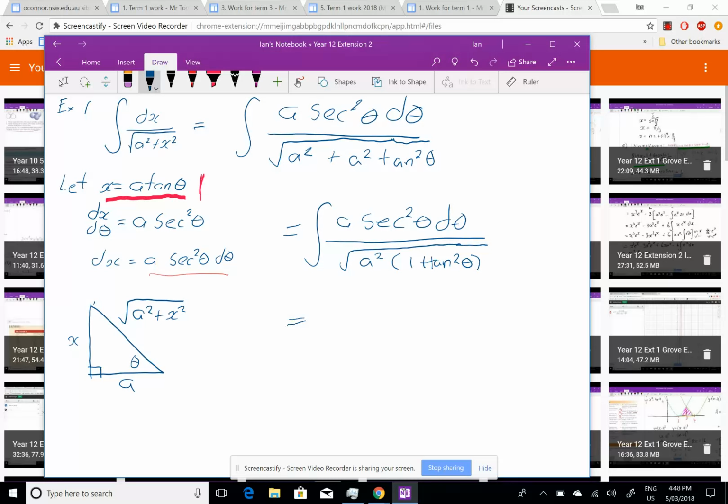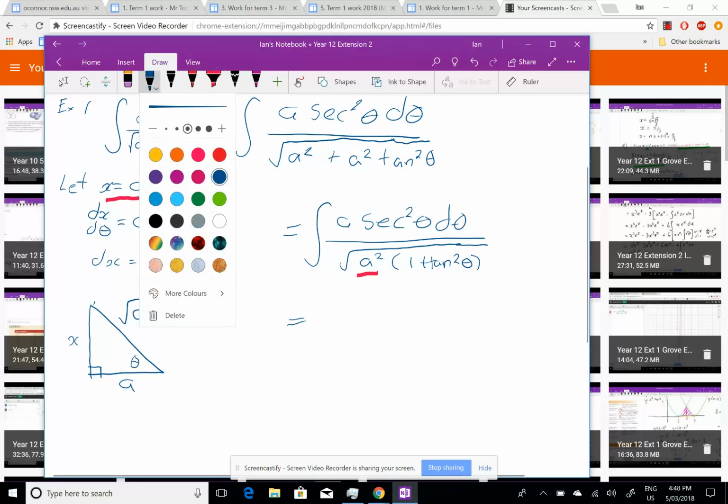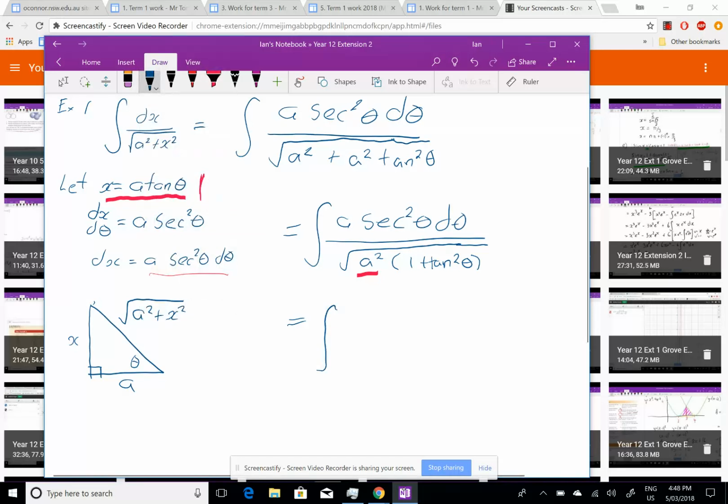All right, well, now the square root of a squared, this bit here, because it's factorised, I can take that out. So I'm going to get the integral of a sec squared theta, just put that d theta at the back there now, and I've got a on the square root of 1 plus tan squared theta. But what is 1 plus tan squared?